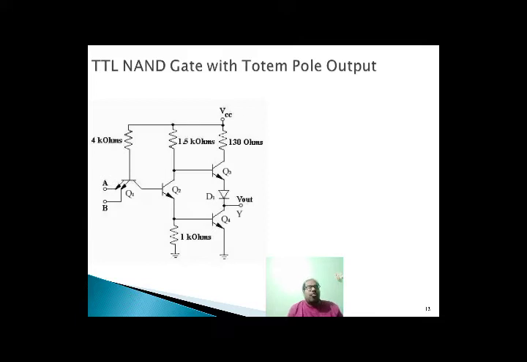Now we are going for another type of TTL NAND gate. It is a TTL NAND gate with totem pole output.